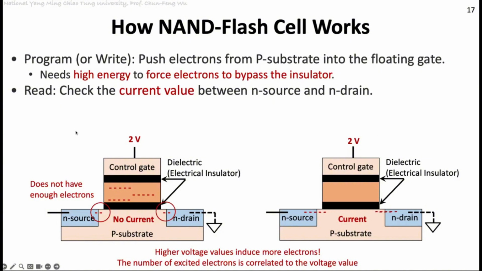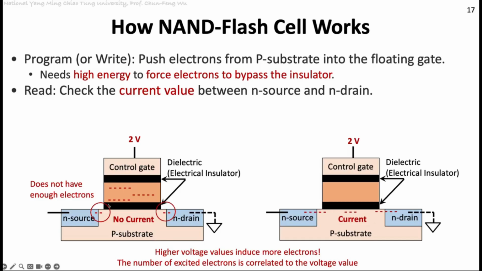But the thing is, if you first give a super large voltage value, and too many electrons are delocalized on the P substrate, then after that, if you give a smaller one, you will get way fewer electrons in this case.